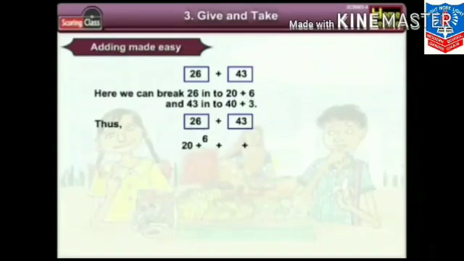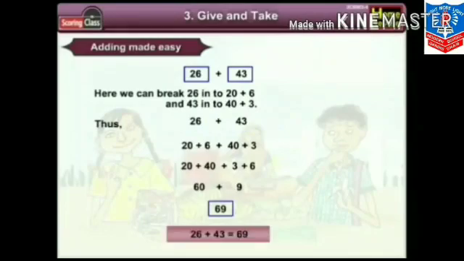We break 26 into 20 plus 6 and 43 into 40 plus 3. 20 plus 6 plus 40 plus 3. 20 plus 40 plus 6 plus 3. 20 plus 40 is 60, plus 9, 69. The answer is 69.